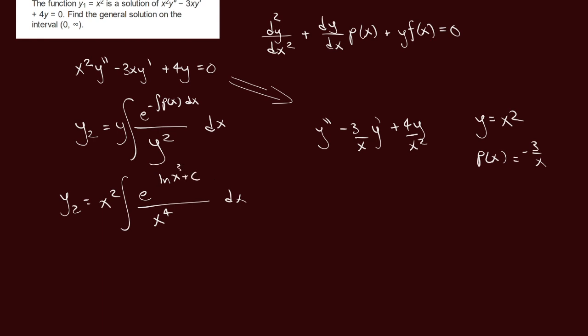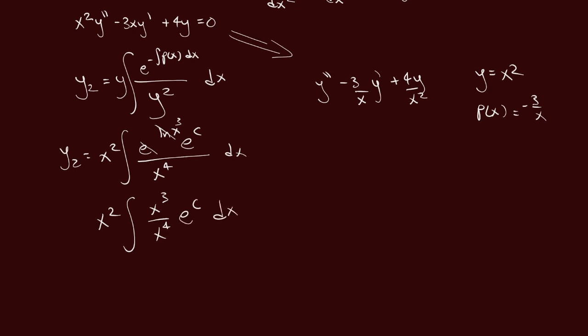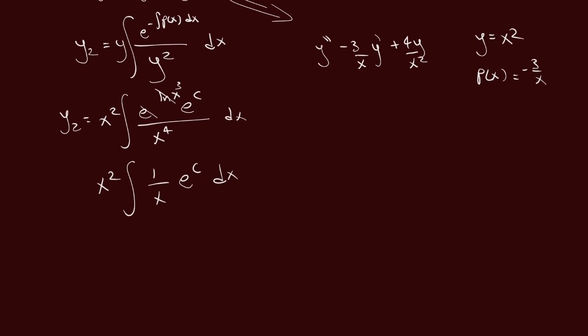And I can take this to the power of 3, and then this I can rewrite as e to the c. Now this and this cancel each other out, so now we have the following. And this and this cancel each other out, so this goes down even further to the integral of 1 over x, and this is a constant, so I'll just take this out.